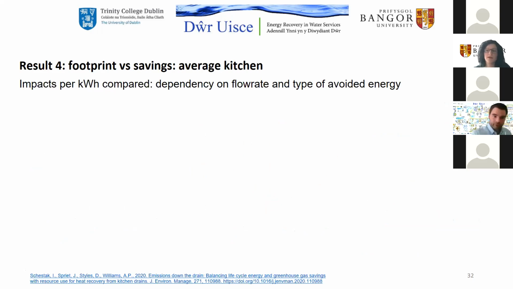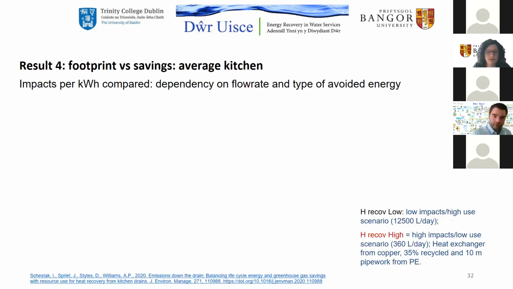Now, coming to a more general comparison, where we can see how this comparison looks for average UK kitchens. The results are shown in impacts per kilowatt hour. We looked at different flow rates here, and also again different types of avoided energy.